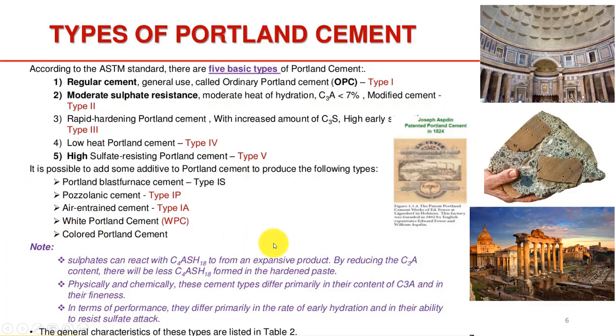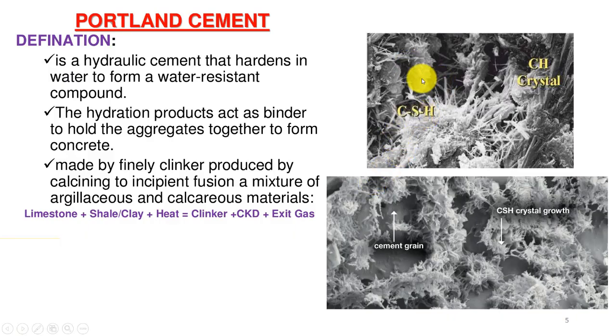These are scanning electron images of hardened concrete. You can see a lot of hydration products as a result of a hydration reaction. Basically, it contains the different products that you can identify based on their shapes.